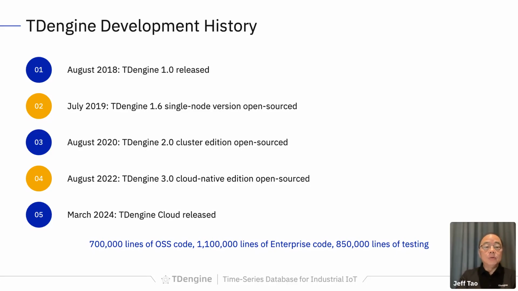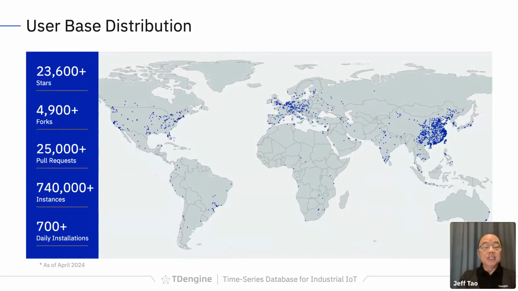Now, because of our hard work, let me share with you our achievements up to now. After almost 6 years of open source, we already have 23,600 stars on GitHub, and almost 5,000 forks. We also got over 25,000 pull requests.